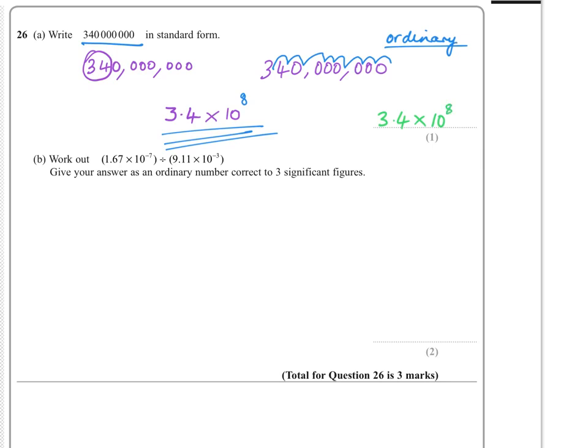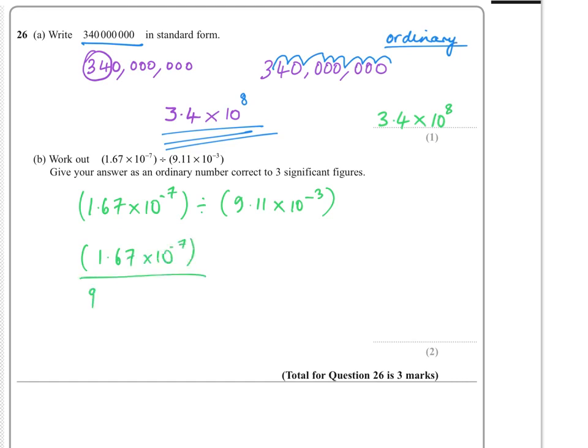So that's part A. Now part B, work out 1.67 times 10 to the minus 7, all divided by 9.11 times 10 to the minus 3. Well, I can write that as a fraction, and then the denominator.